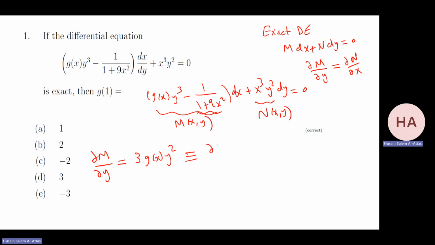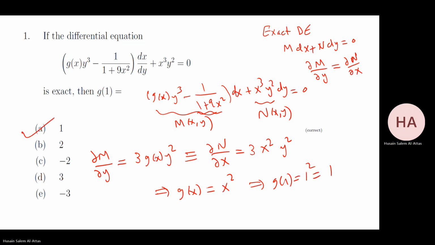And that should equal partial N with partial x, and that is 3x squared. I'll consider y as a constant here, y squared is just y squared, so x cubed, derivative is 3x squared. We compare these two, very clear that g of x should equal x squared. What they want is g at 1. g at 1 will be 1 squared, which is 1. So this will be my answer.